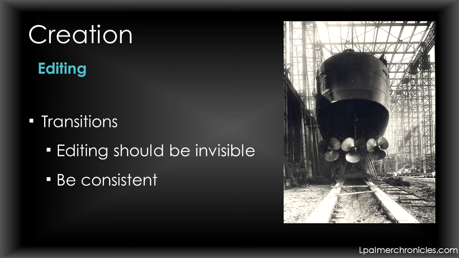So when you're editing, it should be invisible and it should be consistent. In the software I use, I really only use 2 types of transitions, or when you're crossing one image with another to transition to the next image. I really only use crossfades and slides. And then I'm consistent on which one I do.